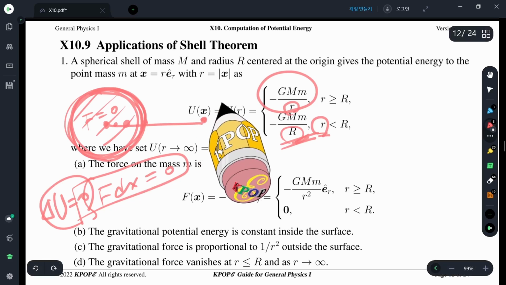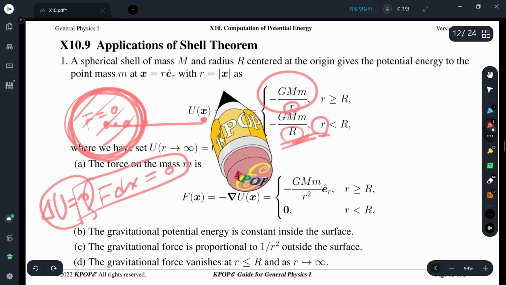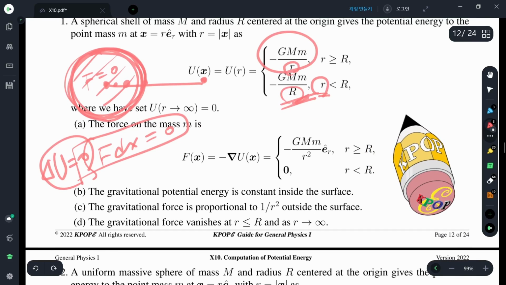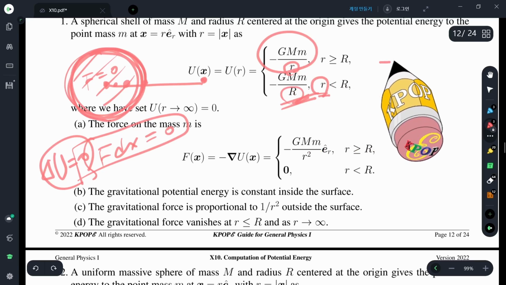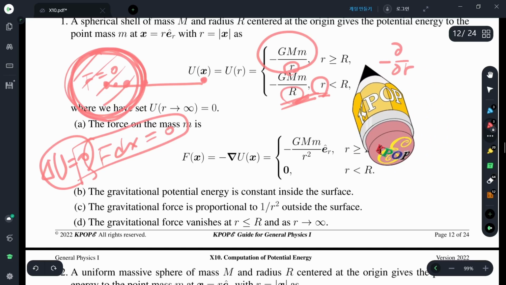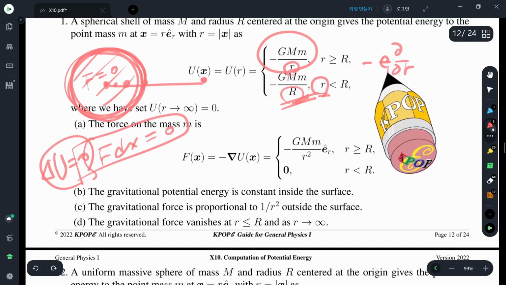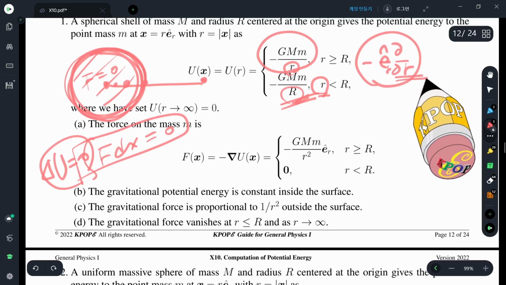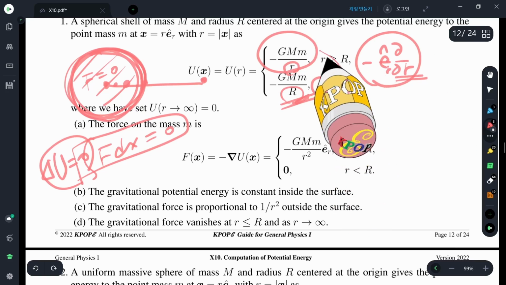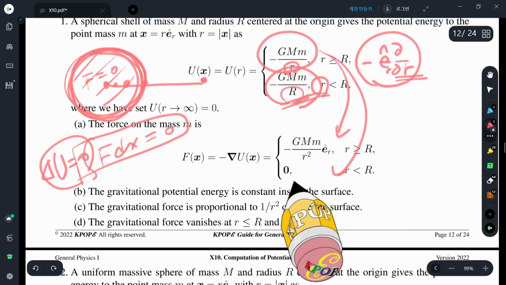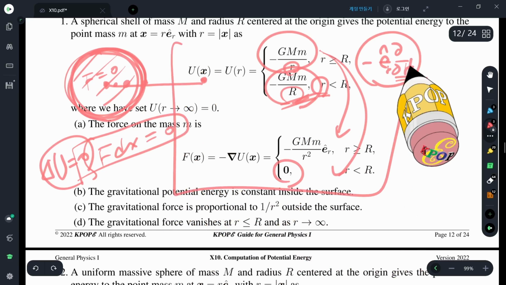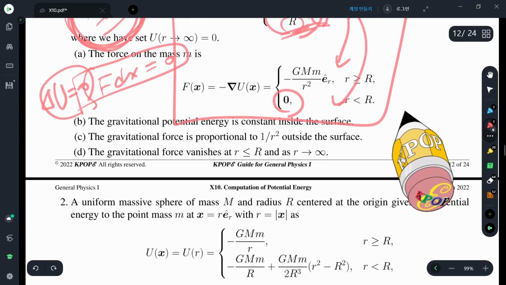Then if we apply minus E_R hat, this derivative with respect to the radius, you obtain these two results. This is constant. We do not have any force. So that's fine.